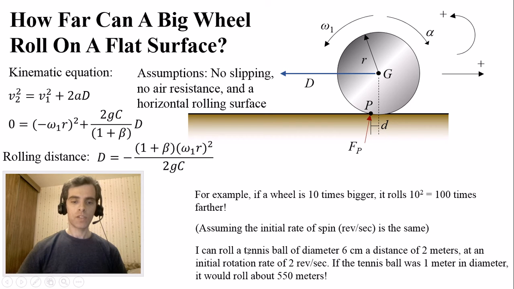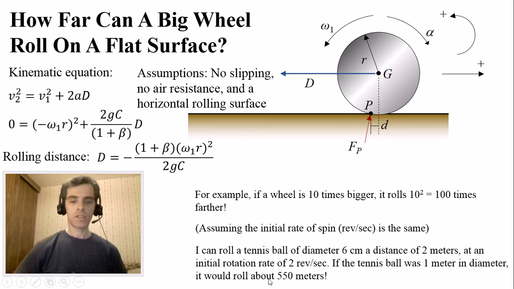So I can, for example, roll a tennis ball of diameter 6 centimeters a distance of 2 meters, at an initial rotation rate of 2 revolutions per second. But if the tennis ball was 1 meter in diameter, using the same initial rotation rate, it would roll about 550 meters.